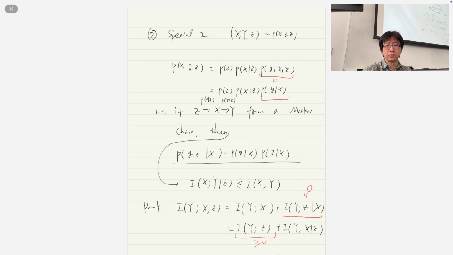Therefore, we can conclude that this term is less than or equal to this term, and then we can say that this term is less than or equal to this one. Okay, this proof technique is very important, so just remember that.